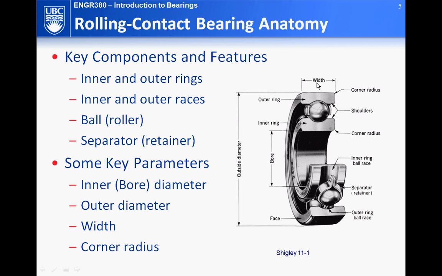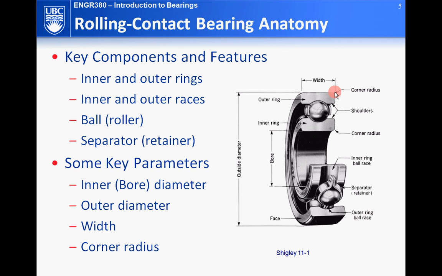This is important because you're going to mount everything in a gearbox, so this dimension sometimes restricts the size of the gearbox. Similarly, the width is also part of the dimensions. When you design the shaft, the length of the shaft has to take the width of the bearing into consideration.